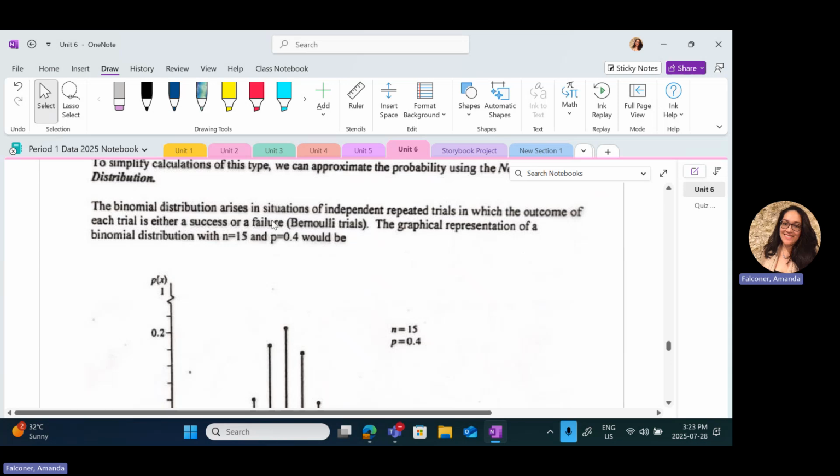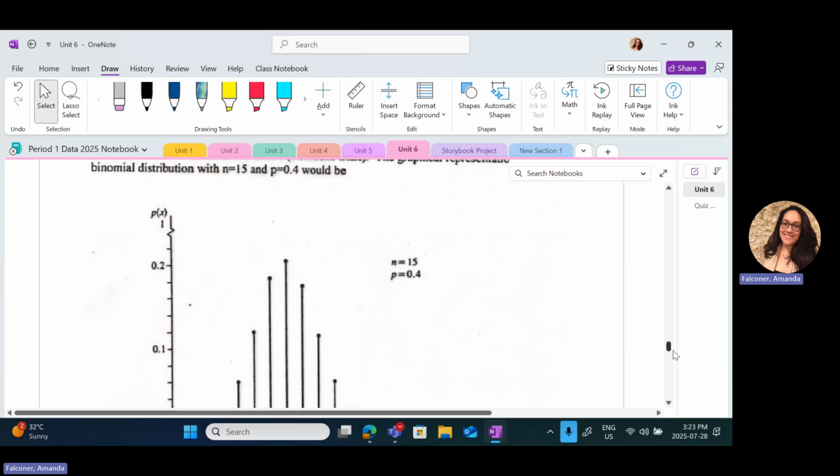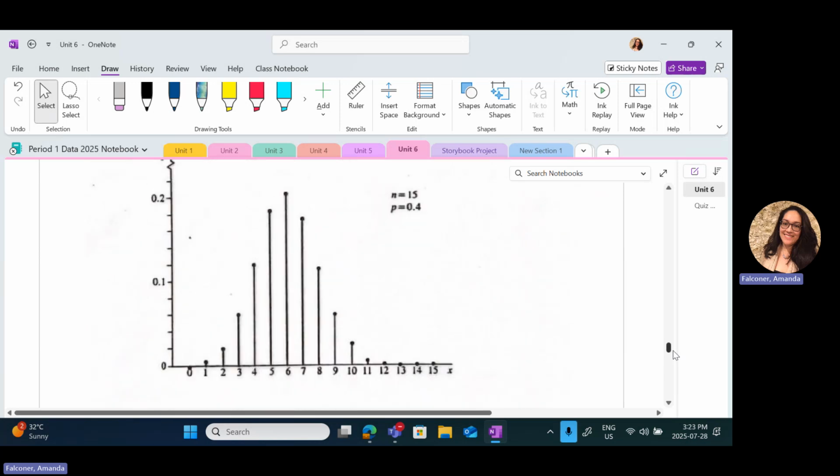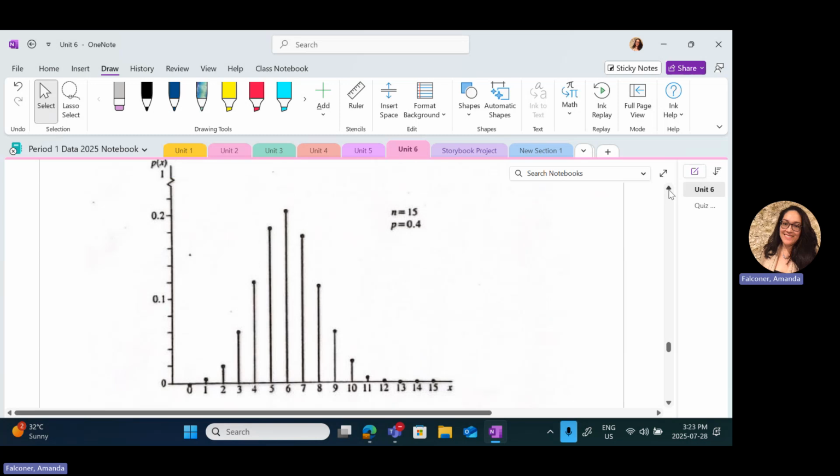The binomial distribution arises in situations of independent repeated trials in which the outcome of each trial is either a success or a failure, Bernoulli trials, and a graphical representation of a binomial distribution with n equals 15 and p equals 0.4 would look like this. So it really depends on the scenario that we're given if we're allowed to use the normal approximation.